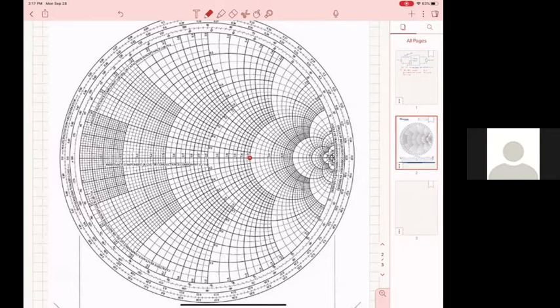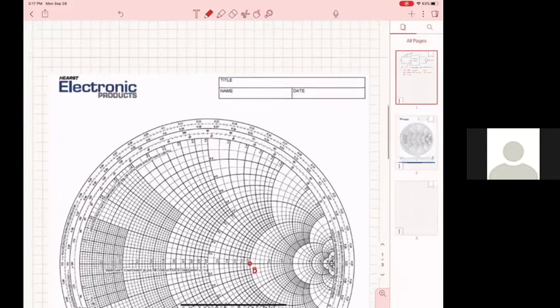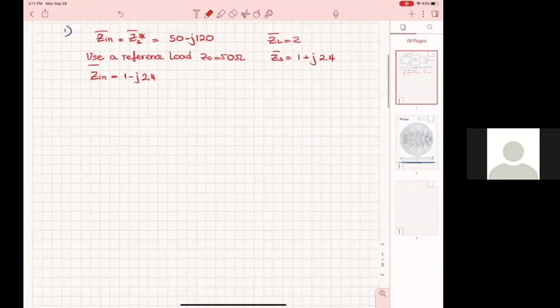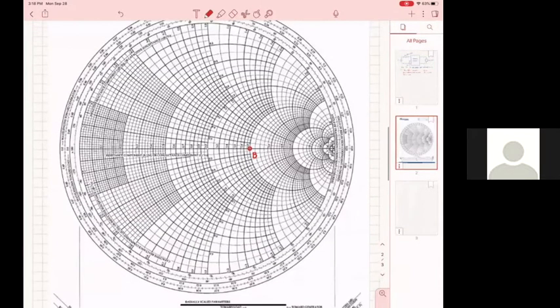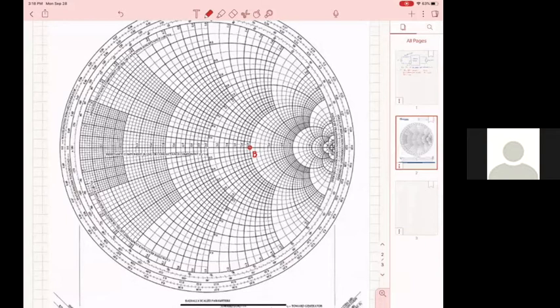In fact, we want to go from, let's call that B. All right, let's assume that this is our load, B. And we want to go to A, which is the complex conjugate of Z sub S. And the complex conjugate of Z sub S is 1 minus j 2.4. So it's going to be 1 real part here.